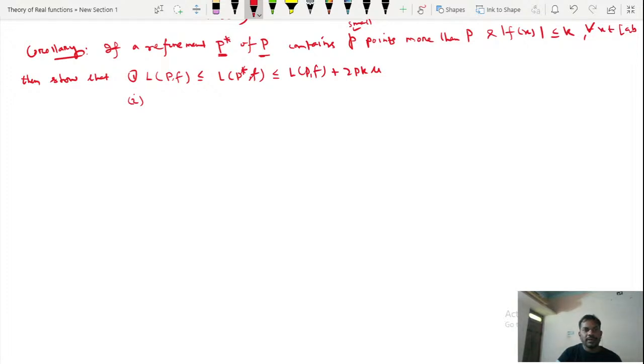We know from the last theorem that L P star F is greater than L P F, and there is also an upper bound for L P star F. Similarly, U P star F lies between U P F minus 2 P k mu and U P F. So these things we have to prove.